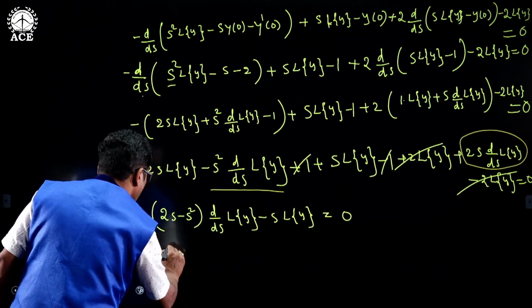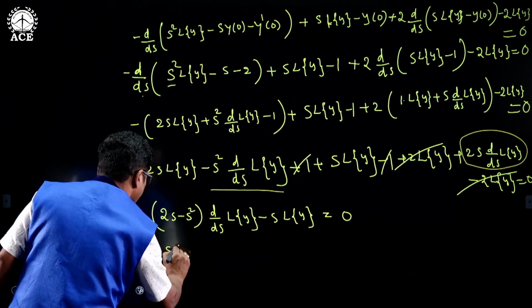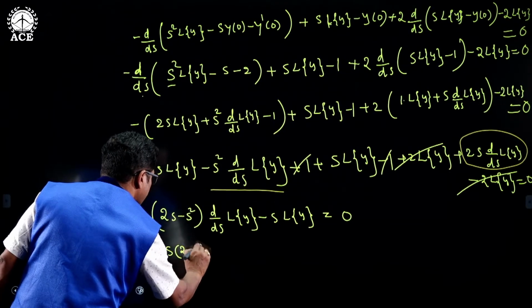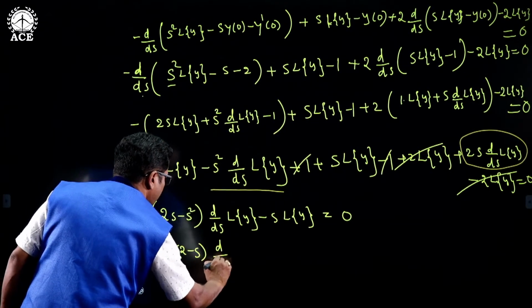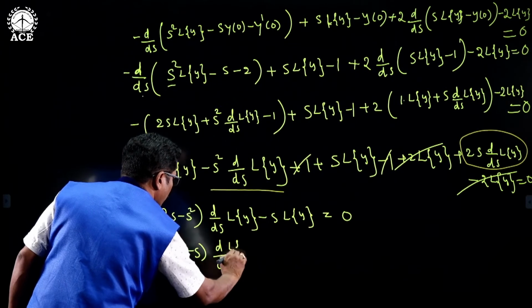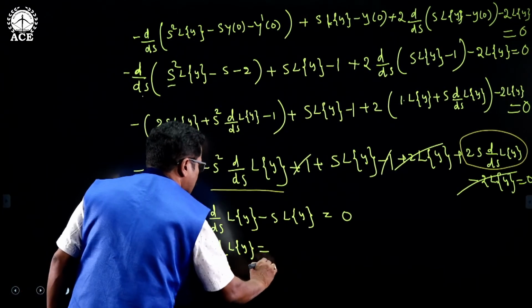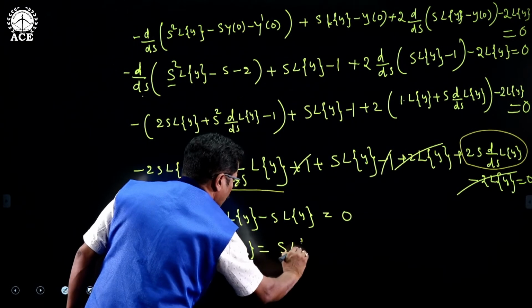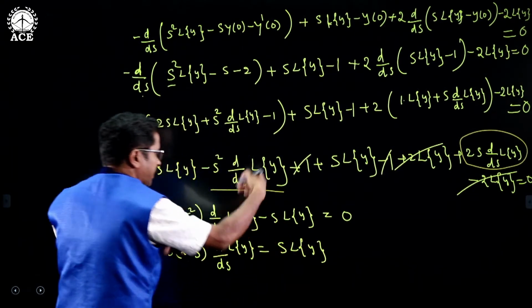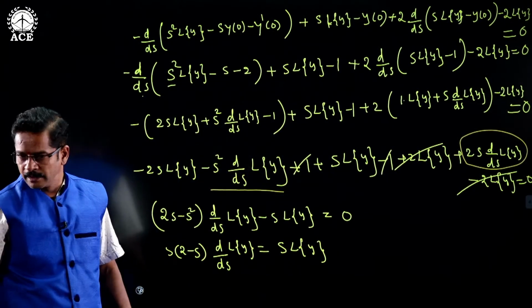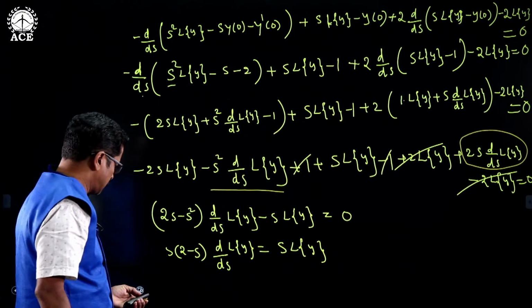So then s into 2 minus s d by ds L of y is equal to s into L of y you get, if I bring s into L of y that side.